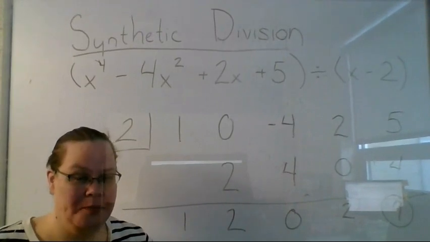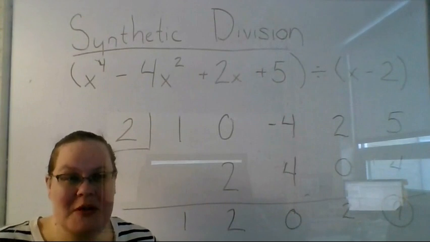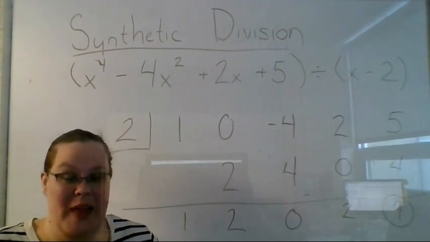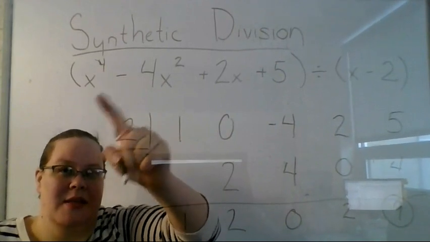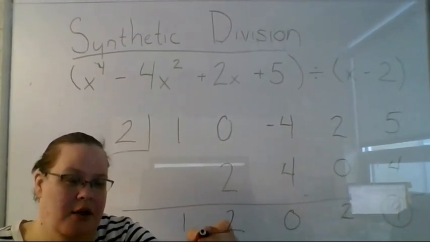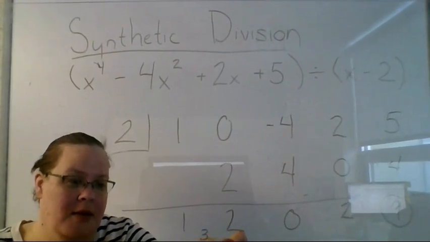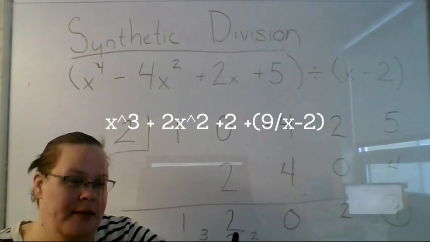It's my remainder. And when we get our answer, we need to put those variables with exponents back in. So we started with an x to the 4th. We're going to go down 1 from that. So this will be x cubed plus 2x squared.